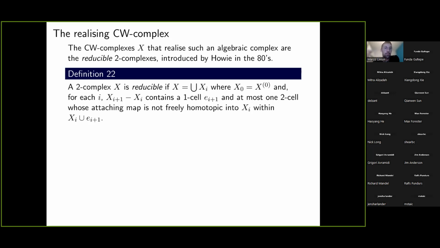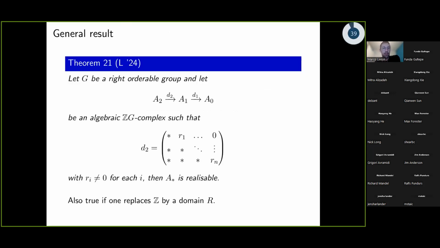What do I mean by this? I mean you can't homotope the attaching map into a subcomplex lower down, so you can't freely homotope it into Xi. You can imagine why this gives rise to these lower triangular matrices.